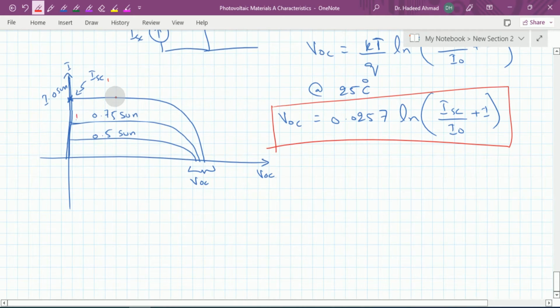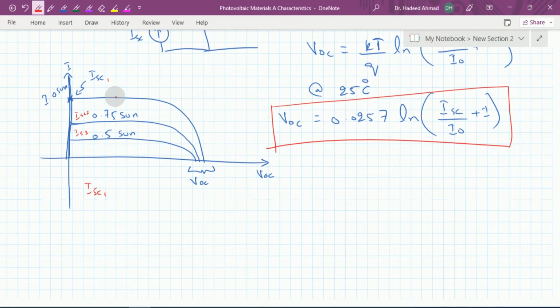Let us say this is ISC1, this is ISC2, and this is ISC3, and you can see that ISC1 is greater than ISC2, which is greater than ISC3, and this also represents that the amount of sunlight received by the photovoltaic cell when it produced ISC1 is greater than the amount of sunlight received at 0.75 and at the ISC3 value.